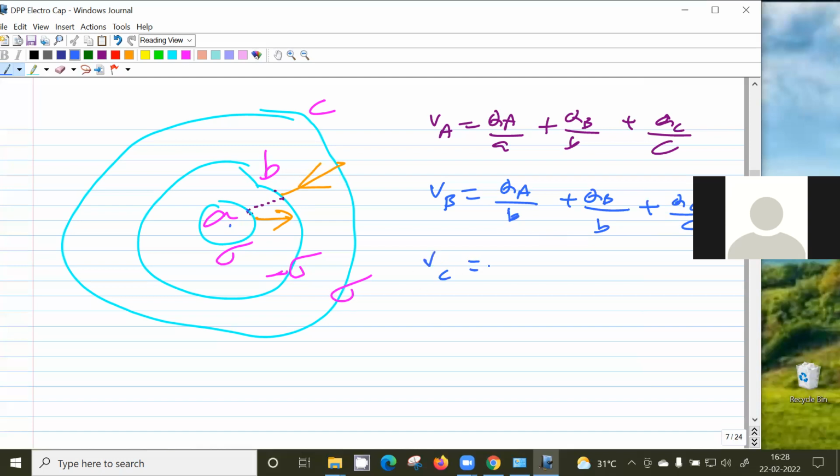Similarly, VC is QA by C plus QB by C plus QC by C.